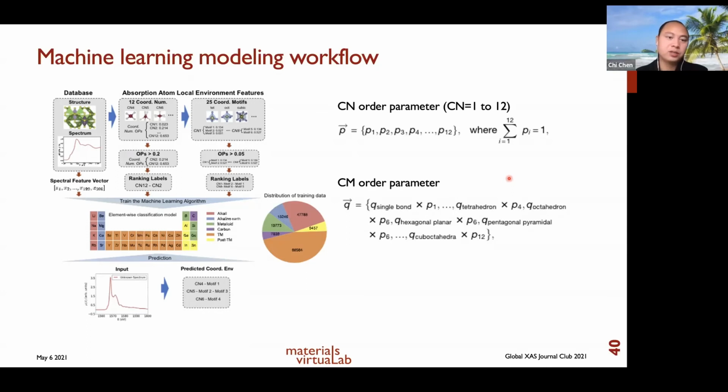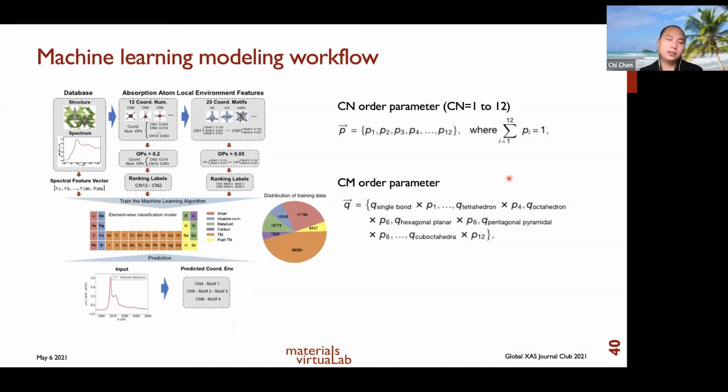So that's why we introduce some fractional values of coordination number, and afterwards we can match the local environment to some coordination motifs like tetrahedral, octahedral, or cubic kind of local environment. Again, at that point, you can also have a continuous value.